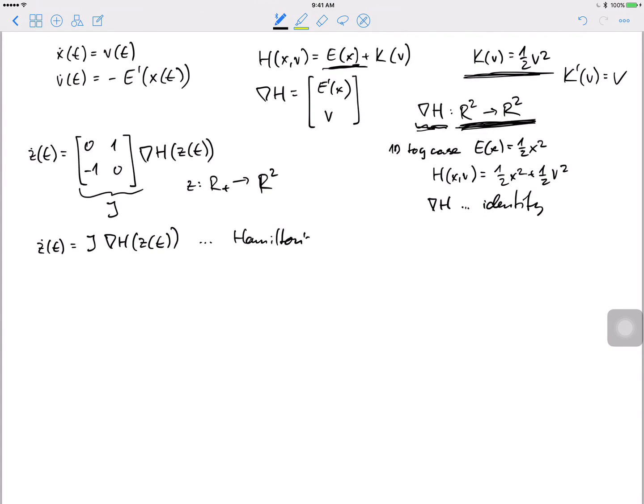It's actually a simplified version of Hamilton's equations. I made things a little bit simpler here by assuming that the masses are constant and unit, okay? Since we are not doing rocket science here, I will just keep the masses constant.